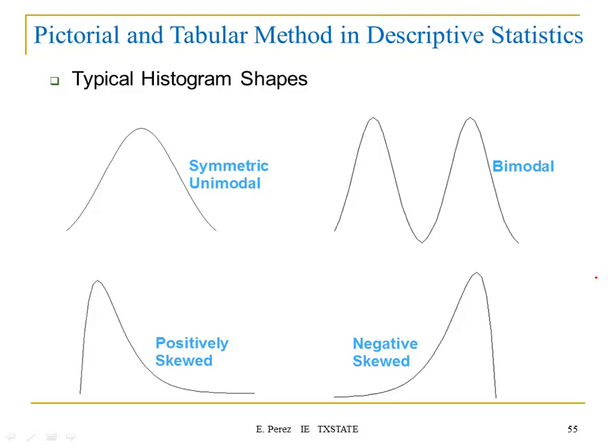If you cut that curve in between, you'll see that they have the same shape on both sides. Bimodal is when you have two peaks. Positively skewed, most of the data is on the left. Negatively skewed, most of the data is to your right.